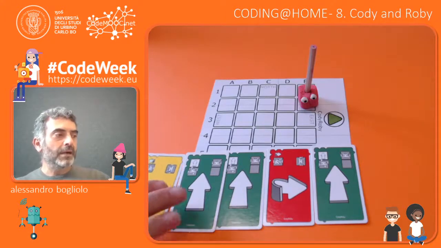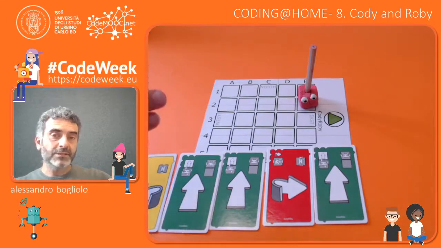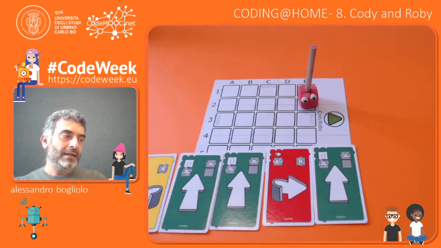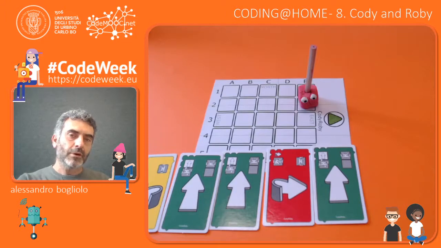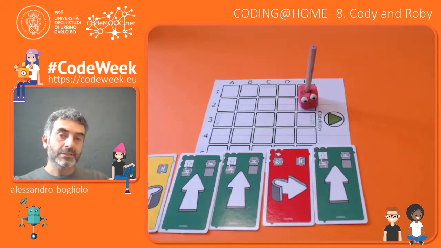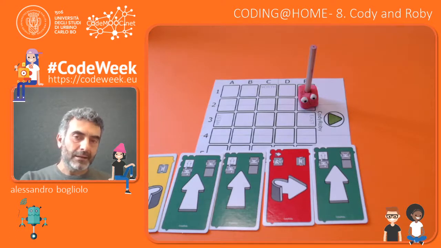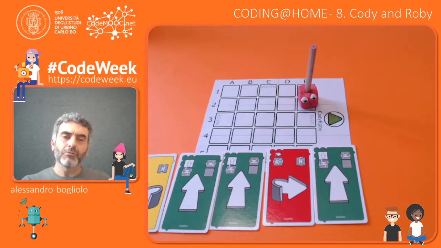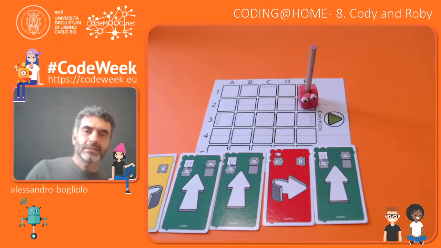Only by seeing the effect of the execution can I double check that the program that I wrote reaches the goal. This is called debugging. Debugging means getting rid of bugs, so finding and correcting the errors.